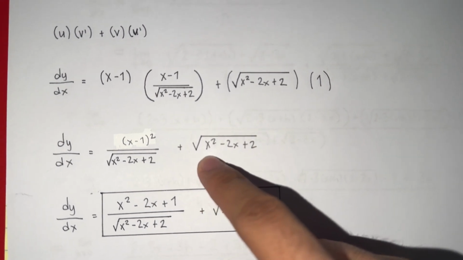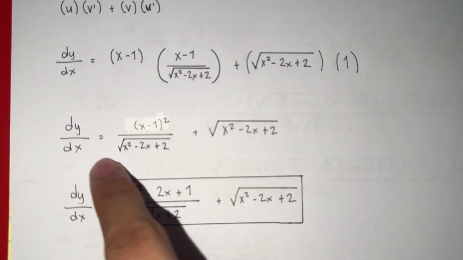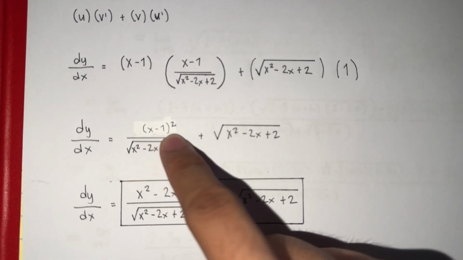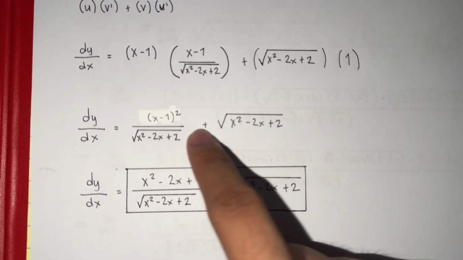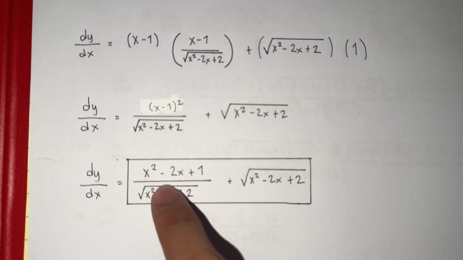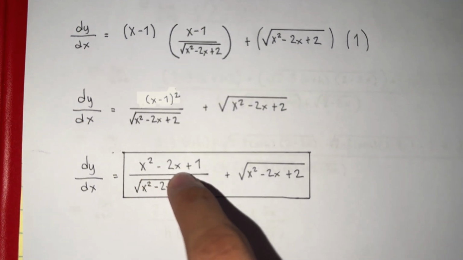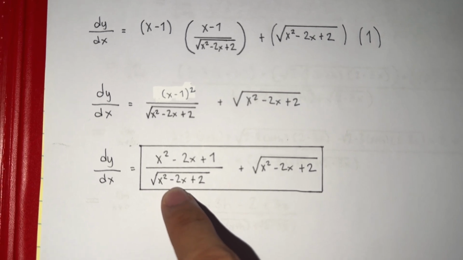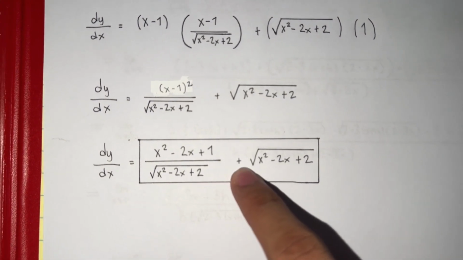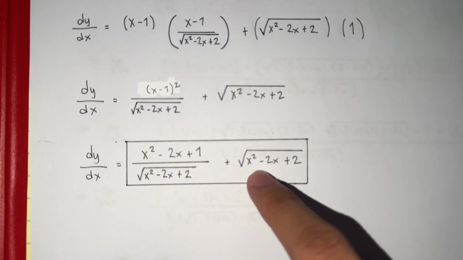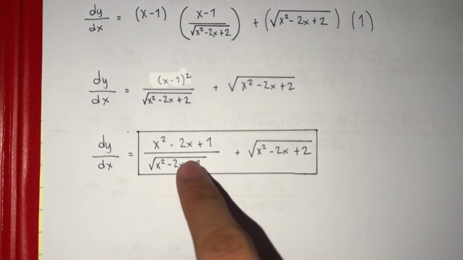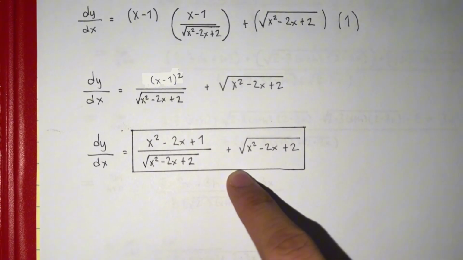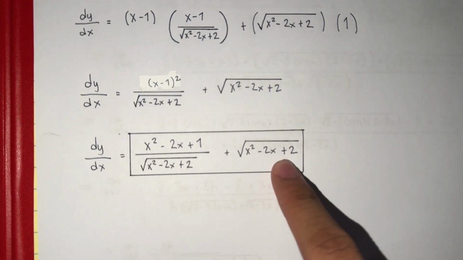Now we can further expand the x minus 1 squared, giving x squared minus 2x plus 1 over the square root of x squared minus 2x plus 2, plus the square root of x squared minus 2x plus 2. Here, we cannot simplify it any further. That means this is our first derivative.